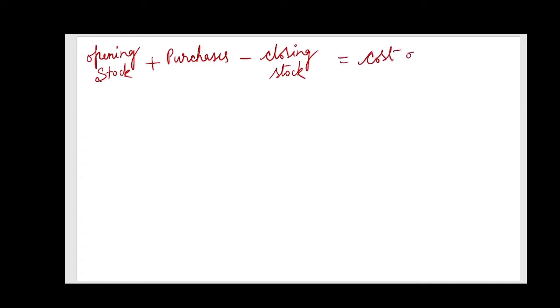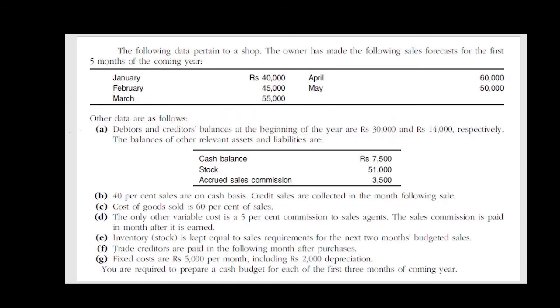Opening stock, add purchases, less closing stock will give you cost of goods sold. Going back to the problem, what information is given relating to cost of goods sold? That it is 60% of sales. Inventory has to be kept equal to sales requirements for the next 2 months budgeted sales.